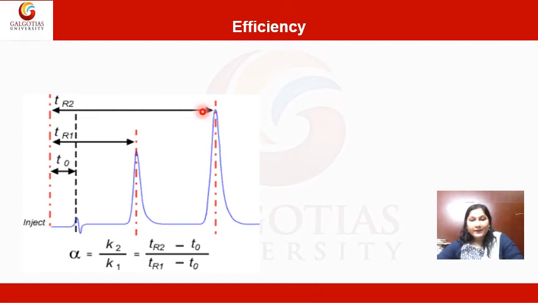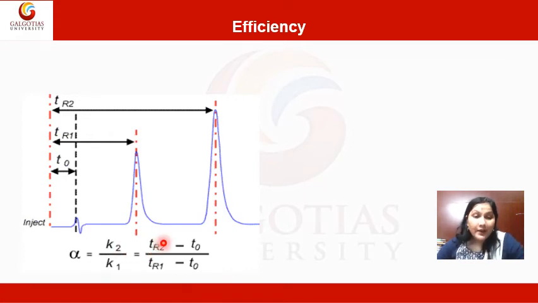So, if we apply the values of K1 and K2 over here, we will get TR2 minus T0 by T0 from the equation of retention factor, and the retention factor for this peak will be TR1 minus T0 by T0. T0 will be cancelled and we will get TR2 minus T0 by TR1 minus T0.